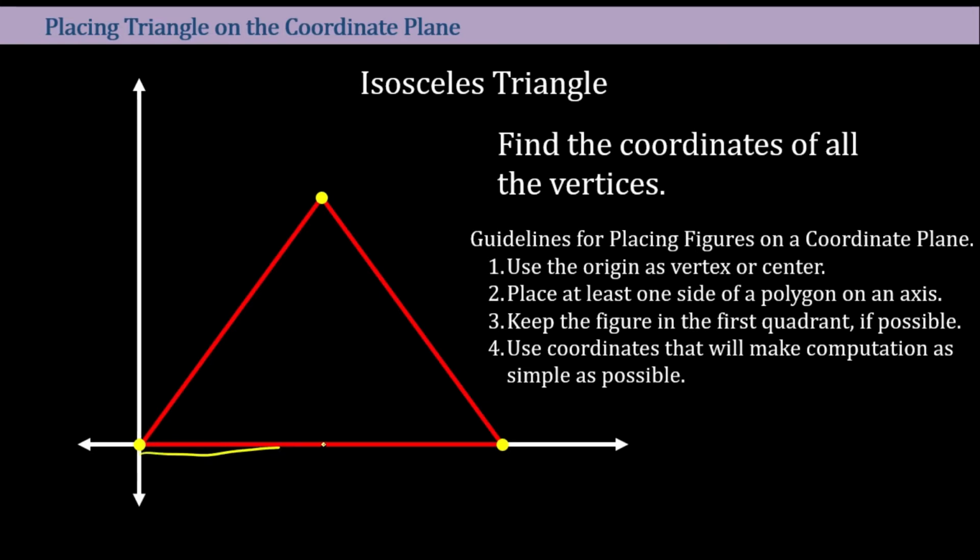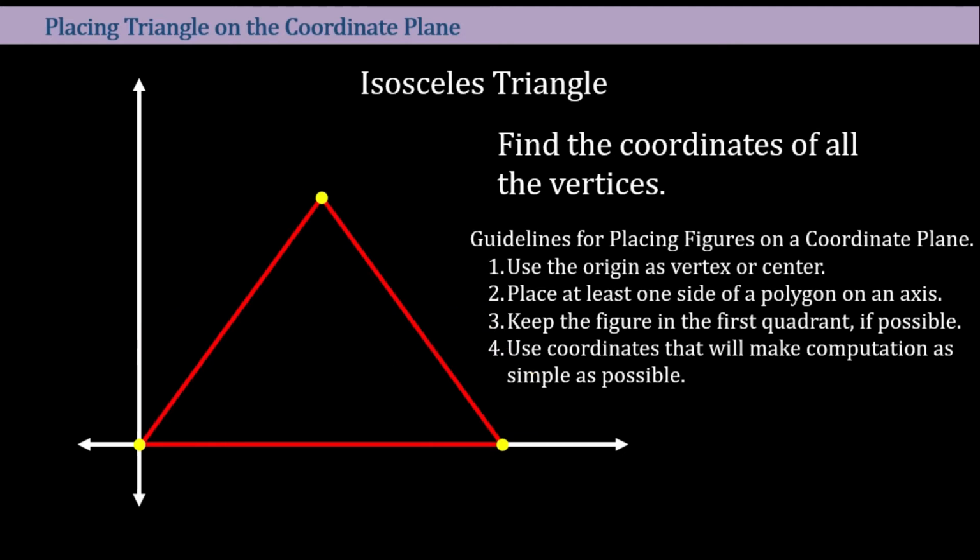One side was placed on an axis, more specifically the x-axis. Now, since this is an isosceles triangle, we need to consider in writing the coordinates here that this side and this side should be equal, because that is the meaning of an isosceles triangle.